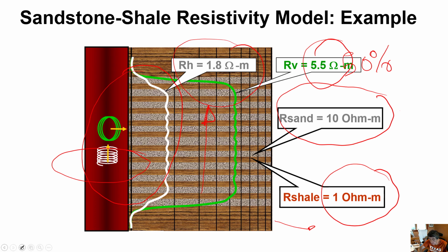You see, we need this value to go to 10 before we can calculate what the saturation of water is in the sandstone fraction of the rock. So we need to do that. And so even though the resistivity perpendicular to the bedding plane is closer to the resistivity of the sand, it is not yet that close. So what do we have to do?